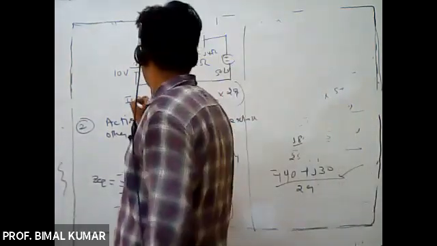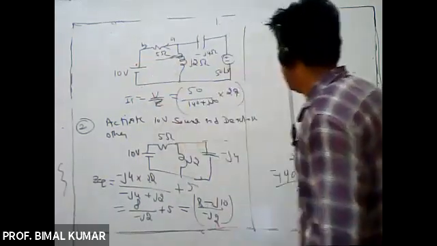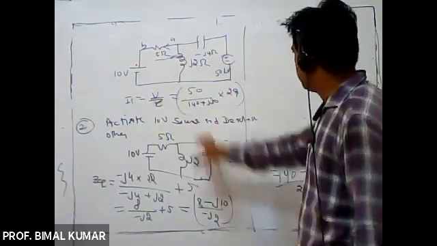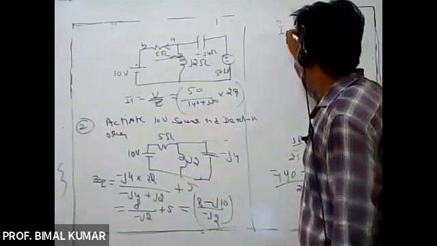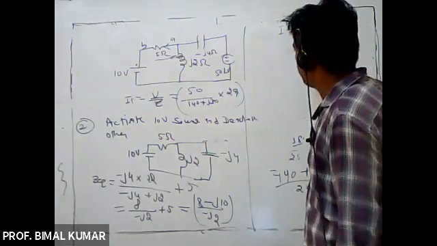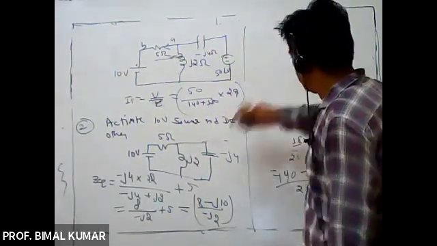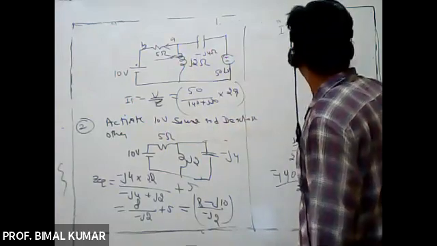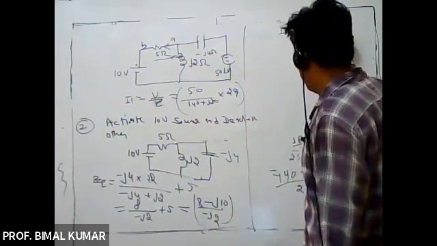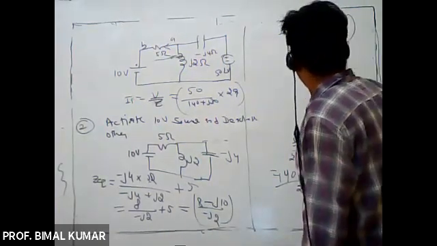This is your I total, then use the current division method to calculate the current in this 5 ohm. So here, this is your Z equivalent, then I through this 10 volt source will be equal to V by R. So this will be 10 divided by Z equivalent, which is 8 minus j10 divided by minus j2. So you may solve it, right?